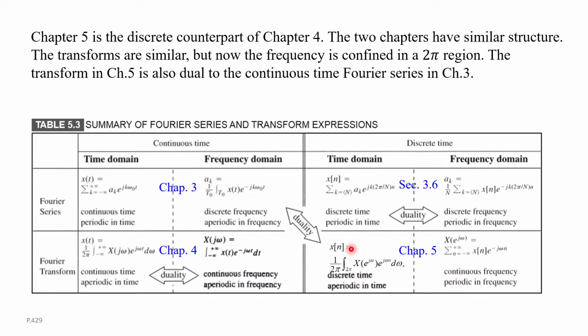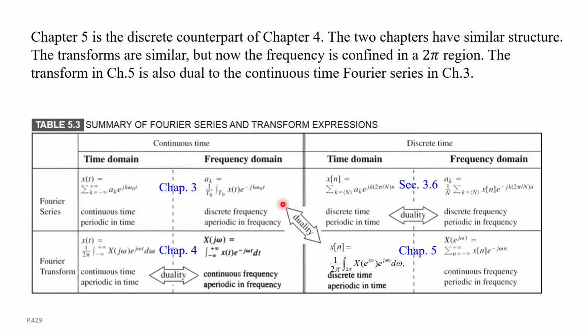In the synthesis equation, x of n is discrete time, and it's going to be an integral over 2 pi of the spectrum big X, over a 2 pi region, times e to the j omega n, d omega. And in the analysis equation, big X of omega is equal to the summation of x of n e to the minus j omega n, from minus infinity to infinity.